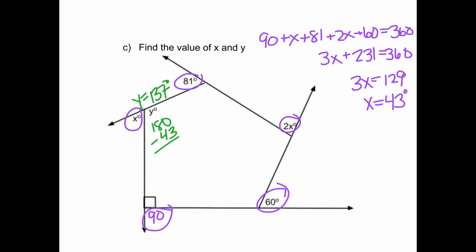So in purple over here, I've added that together and solved for x being 43. So once I know that x is 43, I can subtract from 180 to get 137. So this green work over here, I'm using a linear pair to figure out what y is now that we have found x. So again, in purple, all 5 exterior angles add to equal 360 degrees, just solving for x that way.